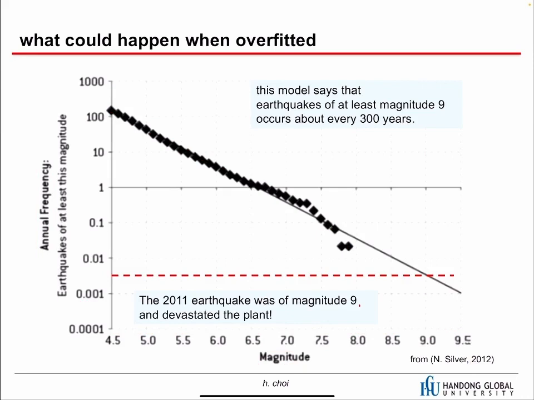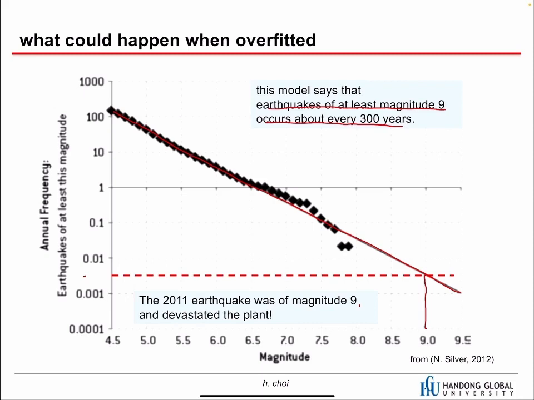With the same data samples, if we have a model like this, a simpler model, then it says an earthquake of at least magnitude 9 occurs about every 300 years.